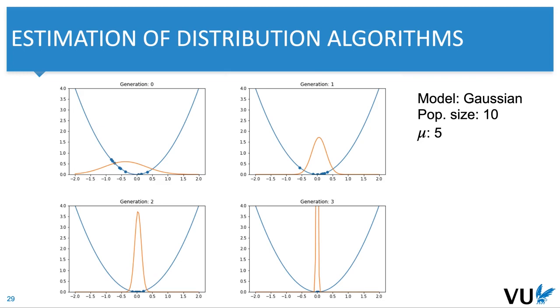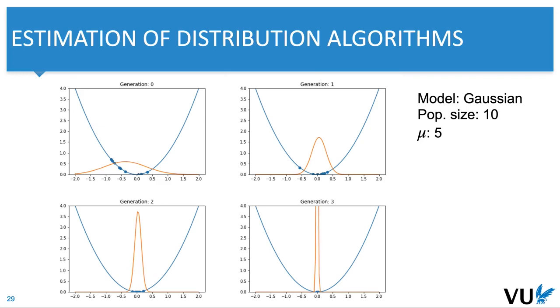We just randomly generate these points and evaluate them. We set the population size to 10, so we have 10 points. And now we fit a Gaussian model, right? Of course, we know that the minimum of the quadratic function is 0, so we know where to go.